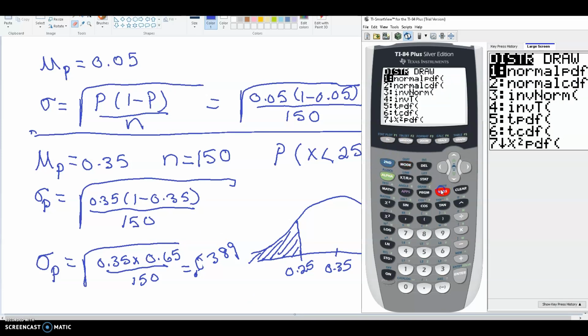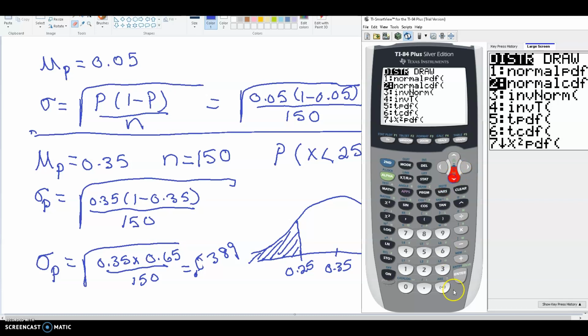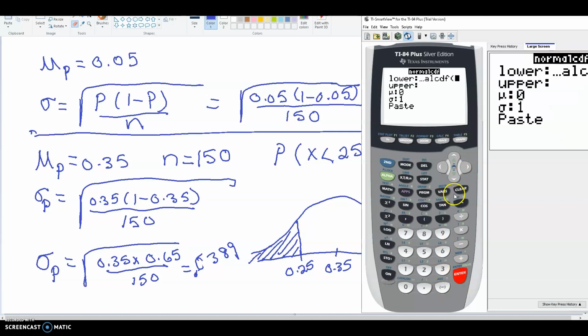So let's go back to our distribution here. Did I go to the right one? Second distribution, normal CDF. Yep. Let's clear that out. Negative infinity, a bunch of nines.